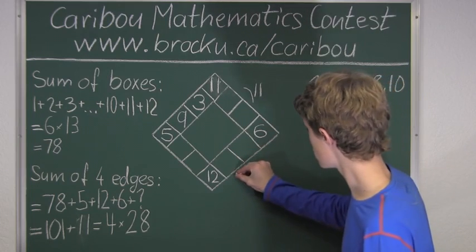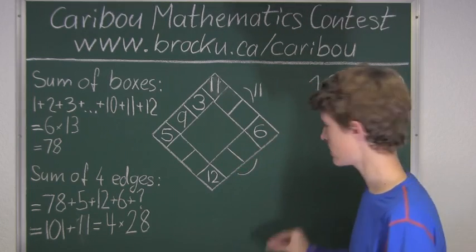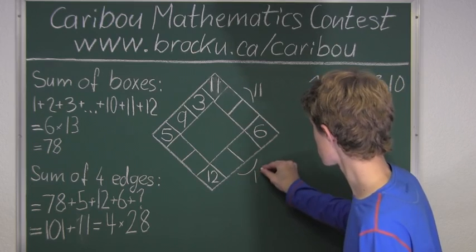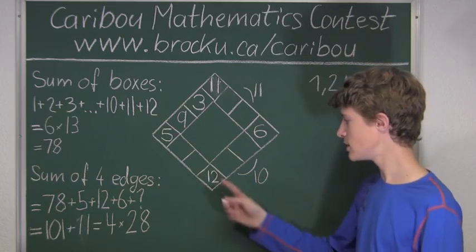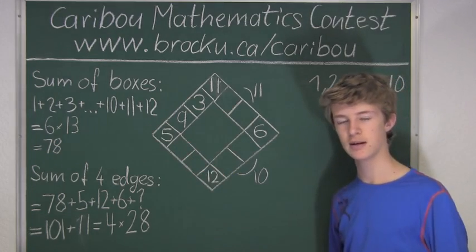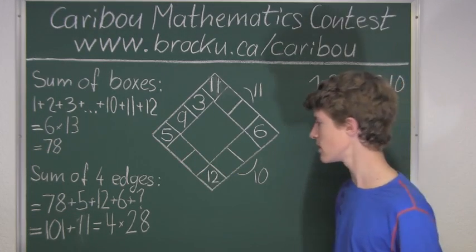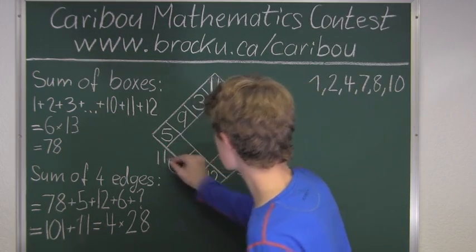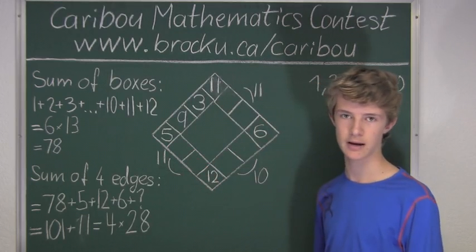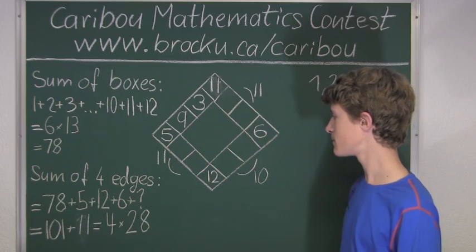So these 2 numbers must add up to 10. And now finally here, on the last edge, 12 plus 5 is 17, 28 minus 17 is 11. So we know that these 2 numbers must add up to 11.